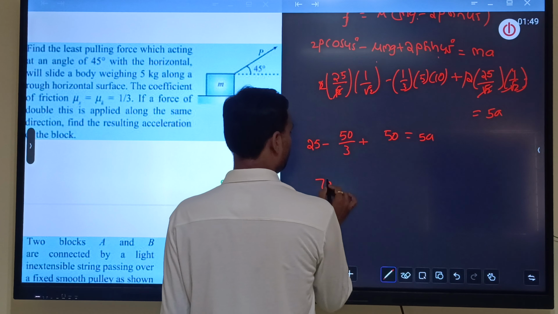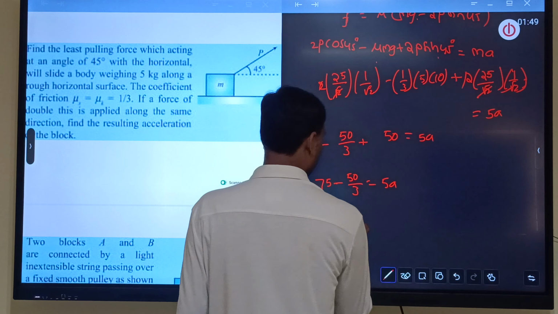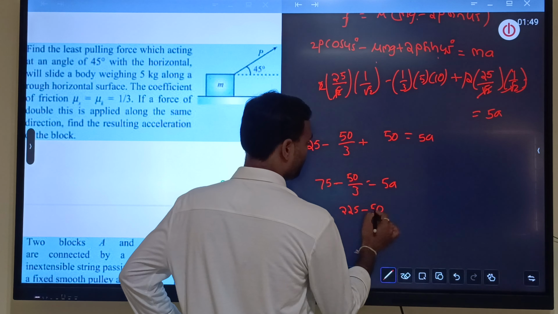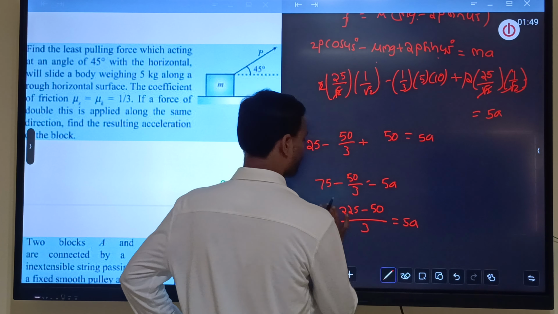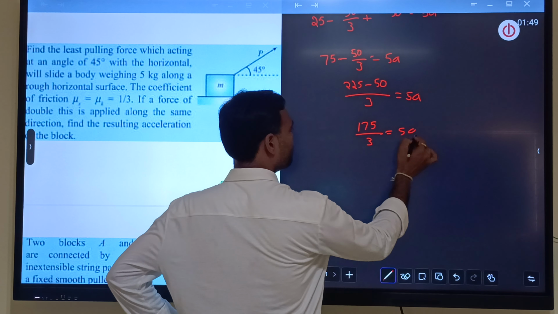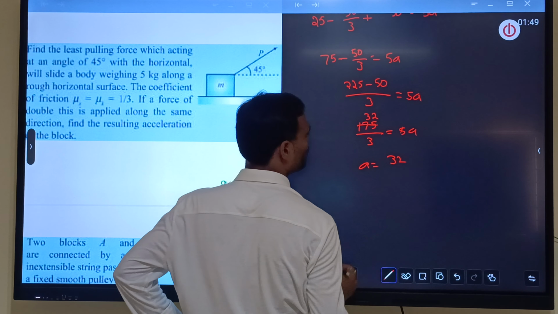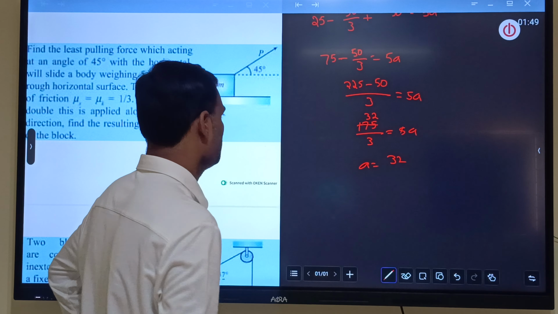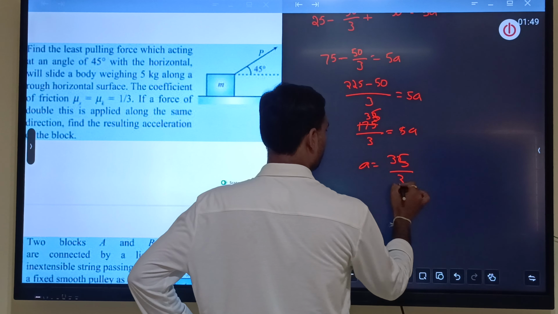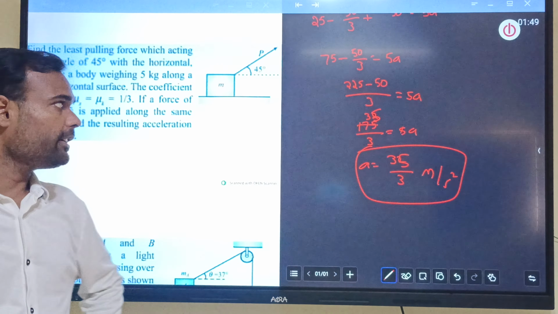Then 75 minus 50 by 3 is equal to 5a. This gives 225 minus 50 by 3, that is 175 by 3, equal to 5a, so a is equal to 35 by 3 meter per second square. This is the acceleration of the block.